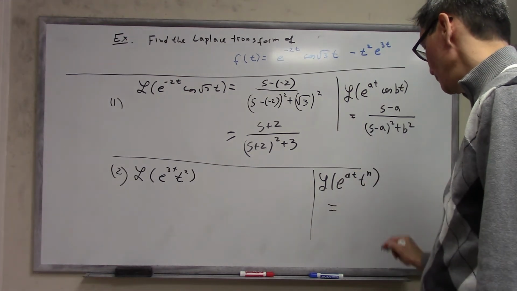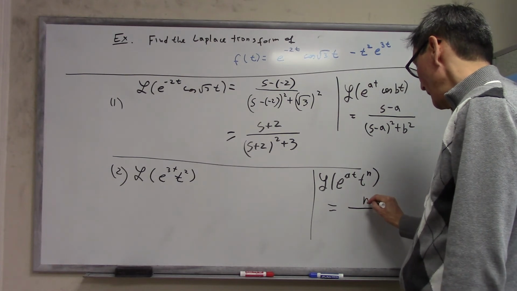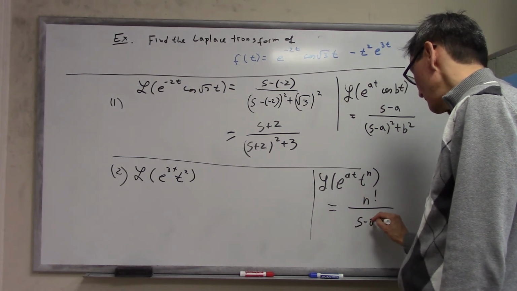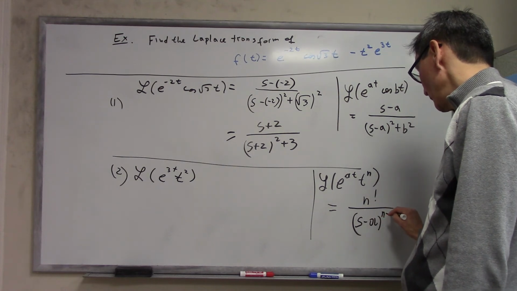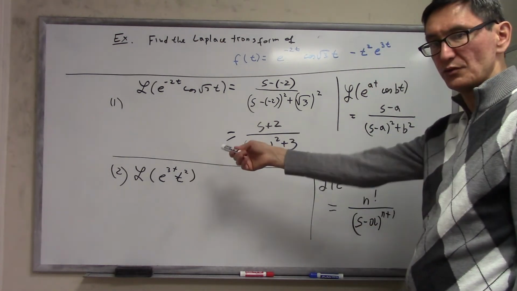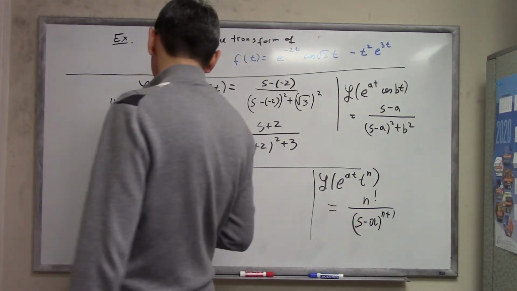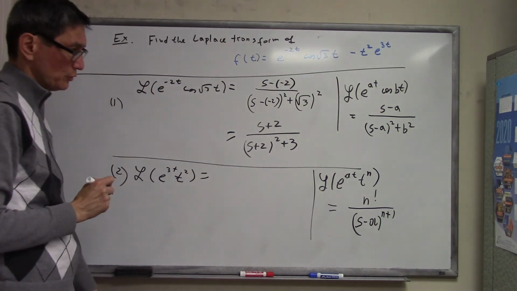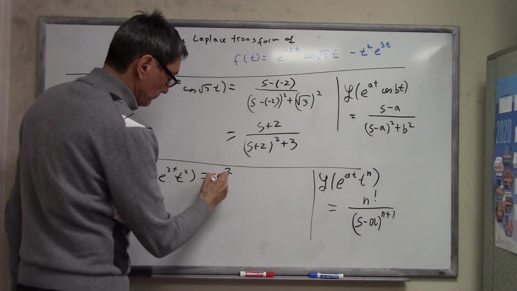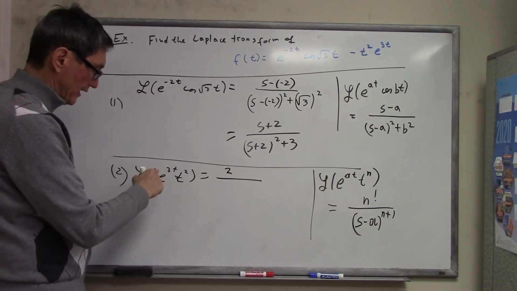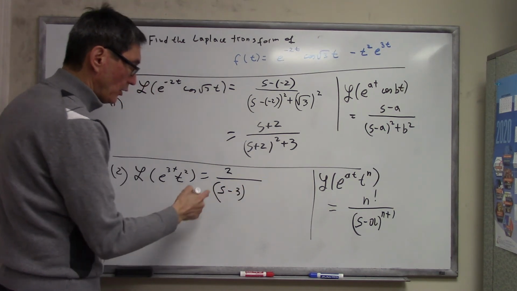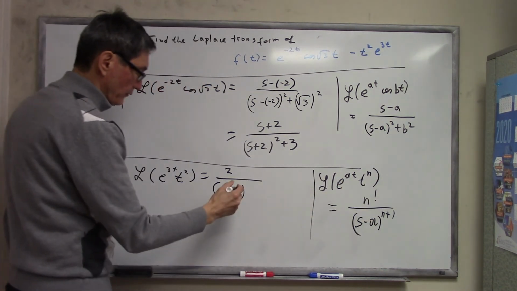That equals n factorial over (s minus a) to the n plus 1. So in our case, a equals 3, n equals 2. So let's put it here. We're going to get n equals 2, a equals 3, and the new power 2 plus 1 is going to be 3.